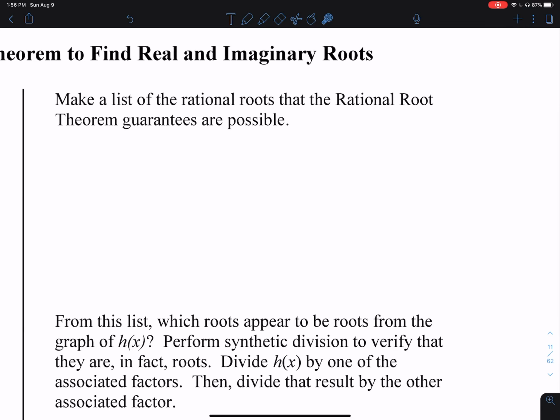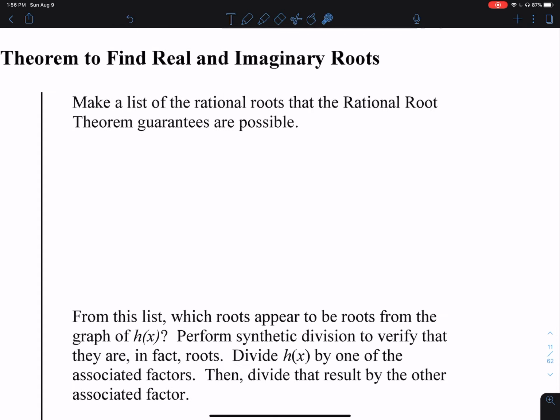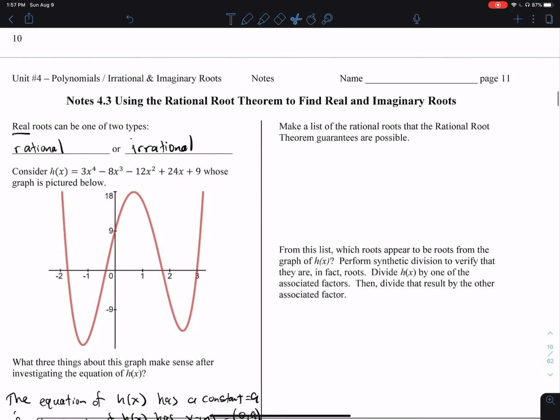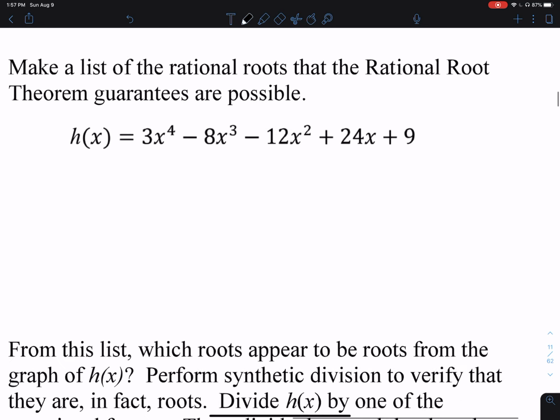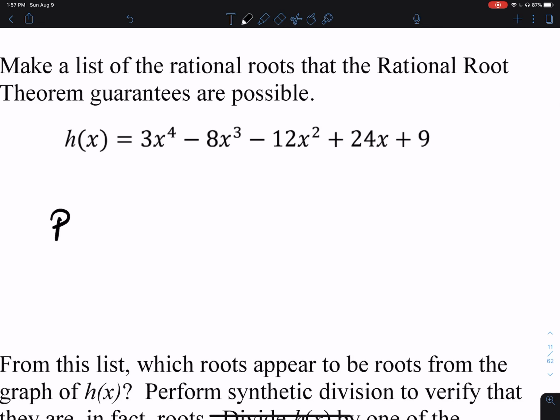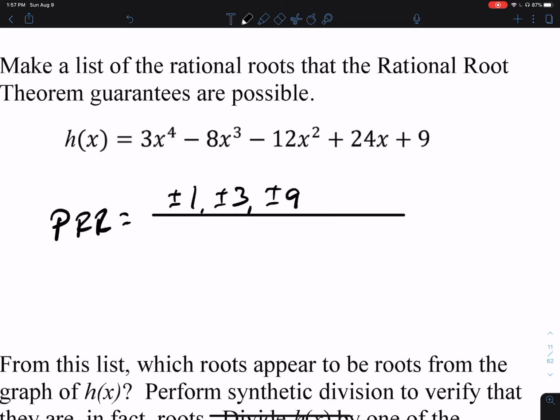Make a list of the rational roots that the rational root theorem guarantees are possible. And we are referring to this function right here. So I want to make sure that's clear. To make that possible rational roots, this is a review of last section, we're going to take the factors of 9 and put that in the numerator, positive and negative factors.